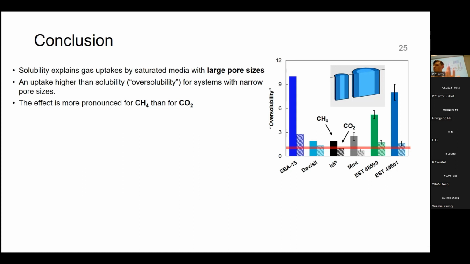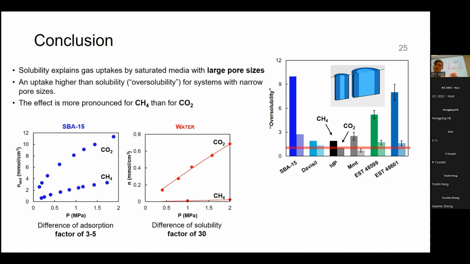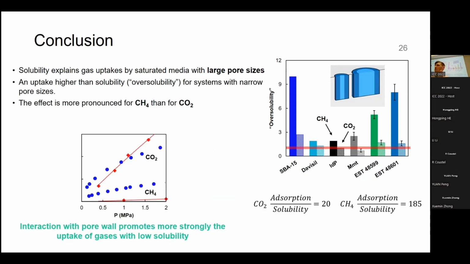So why do we observe this effect only for methane? Actually, for this, we need to compare adsorption and dissolution isotherms, let's say, on silica surface and in water. If we try to superimpose both isotherms, well, it is quite difficult to do because they don't have a similar shape.